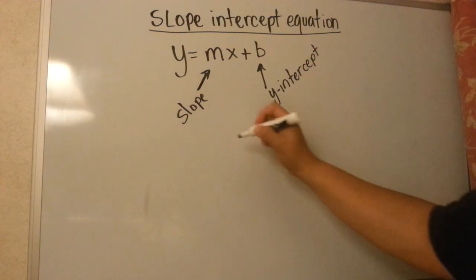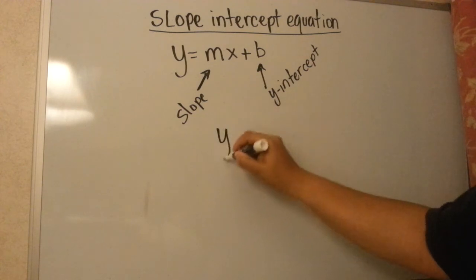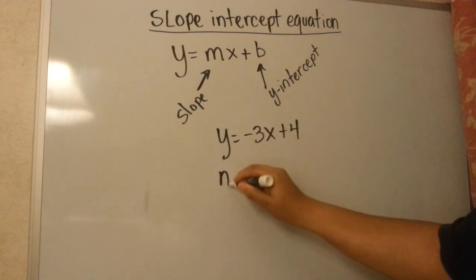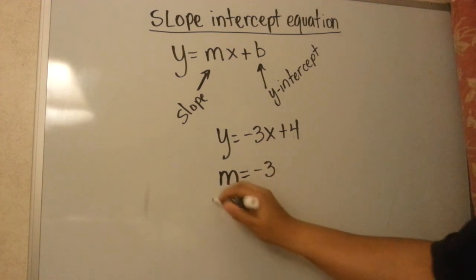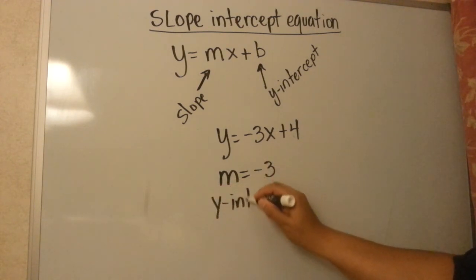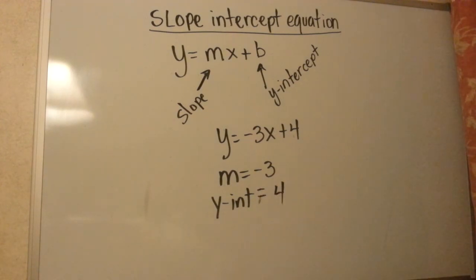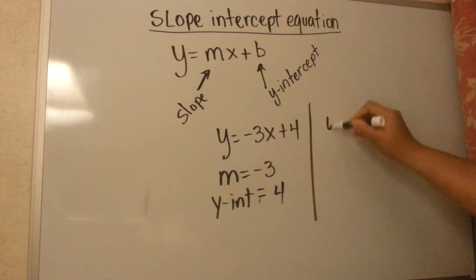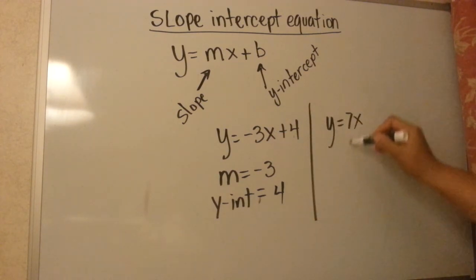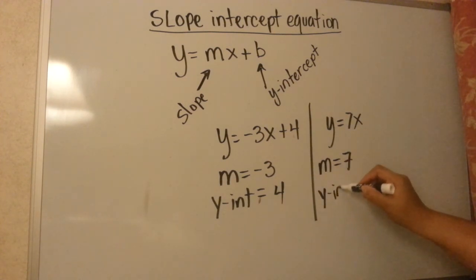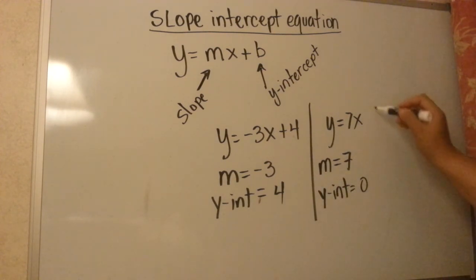So, for example, if you have y equals negative 3x plus 4, the slope is negative 3, and the y-intercept is 4. Okay. Or if you have something like y equals 7x, the slope is 7, and the y-intercept is 0, because there's no constant.